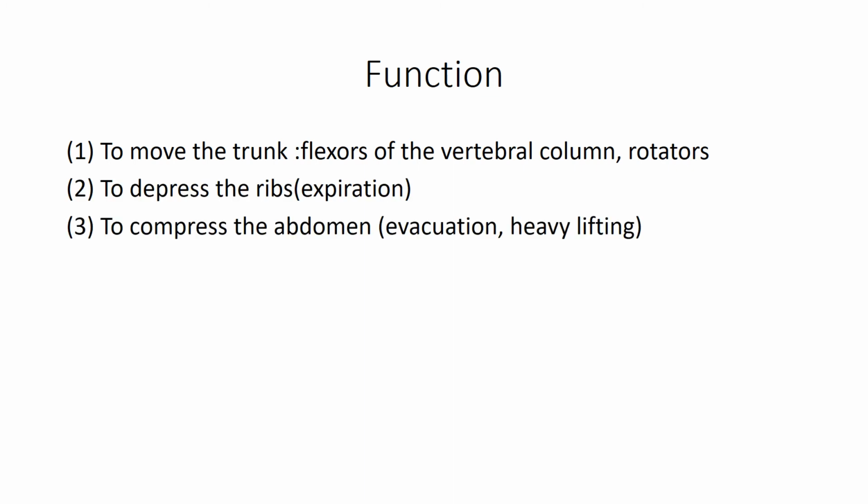The second is to depress the ribs, as in powerful expiration. So the recti and the obliques approximate the rib cage to the pelvic girdle, and if the trunk is kept upright by the erector spinae and this flexion is prevented, then these act as a powerful expiratory force.